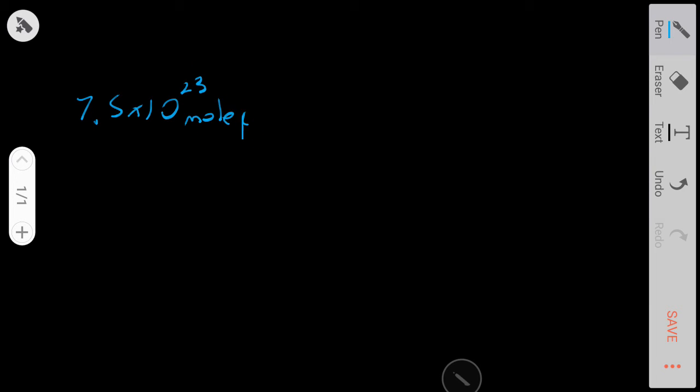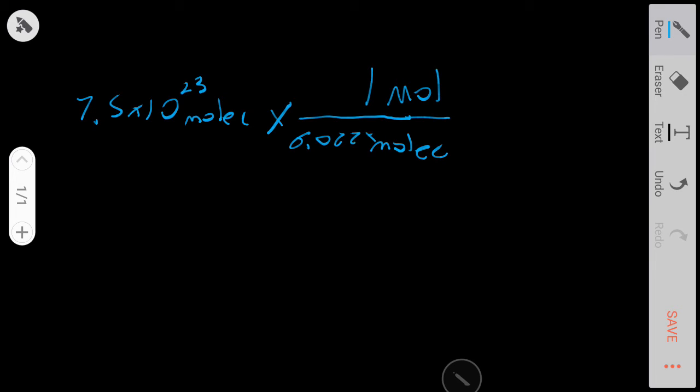I'm going to put mol, but you should write down all of molecules. And I want to convert this to grams. So first I need to go to moles. To get rid of molecules, I'm going to put it on the bottom. All right. In 1 mole, I have 6.022 times 10 to the 23 molecules. Cool, so molecules cancel out, that unit.